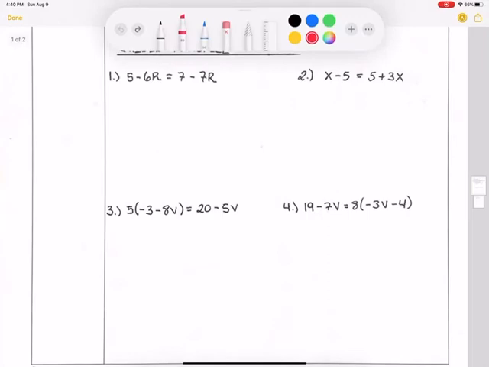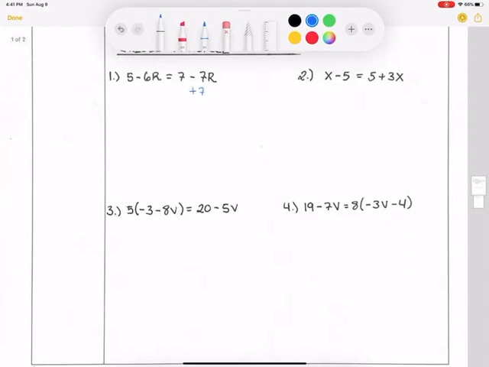Example 1, I have 5 minus 6r equals 7 minus 7r. So what I'm going to do is choose one of the r's to move. Usually when I move variables, I want to move them so that whatever I end up with is a positive number. So in this case, for problem number 1, I'm going to actually move the negative 7r, because when I move it, I'm going to be adding it.